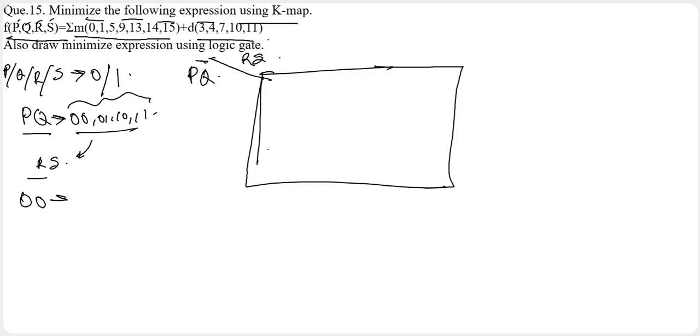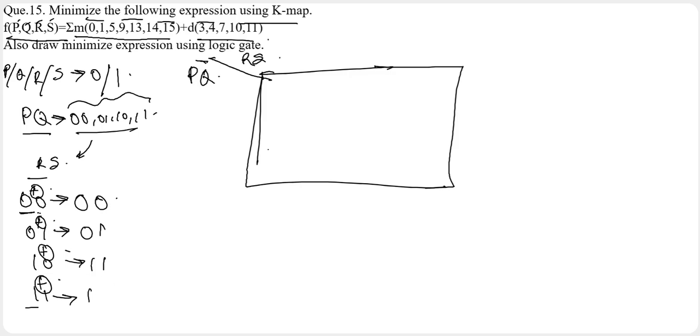For 00 in binary, in gray code we write the first bit as it is, and after that we XOR the two adjacent bits to get our second bit. So 0 XOR 0 is 0. Now 01: first bit is 0, 0 XOR 1 is 1. For 10: first bit is 1, 1 XOR 0 is 1. For 11: first bit is 1, and 1 XOR 1 is 0.